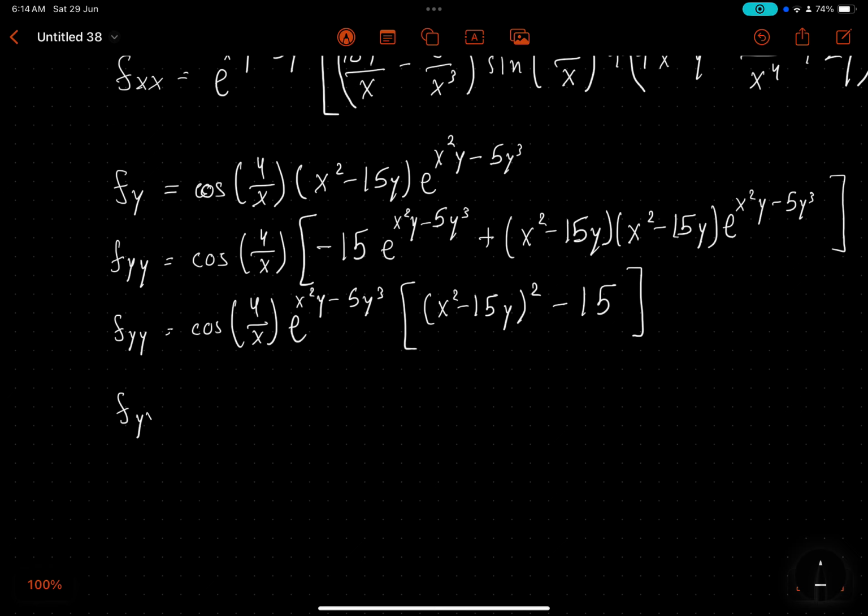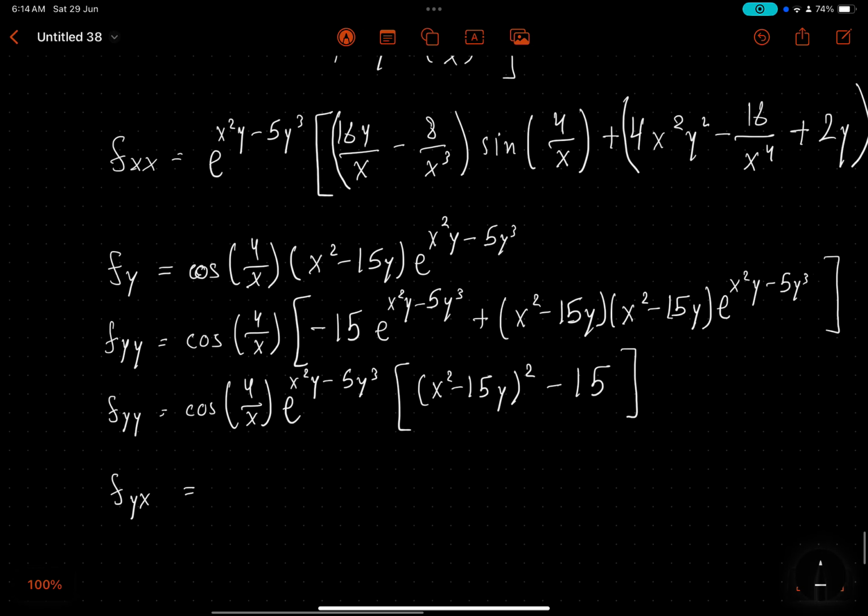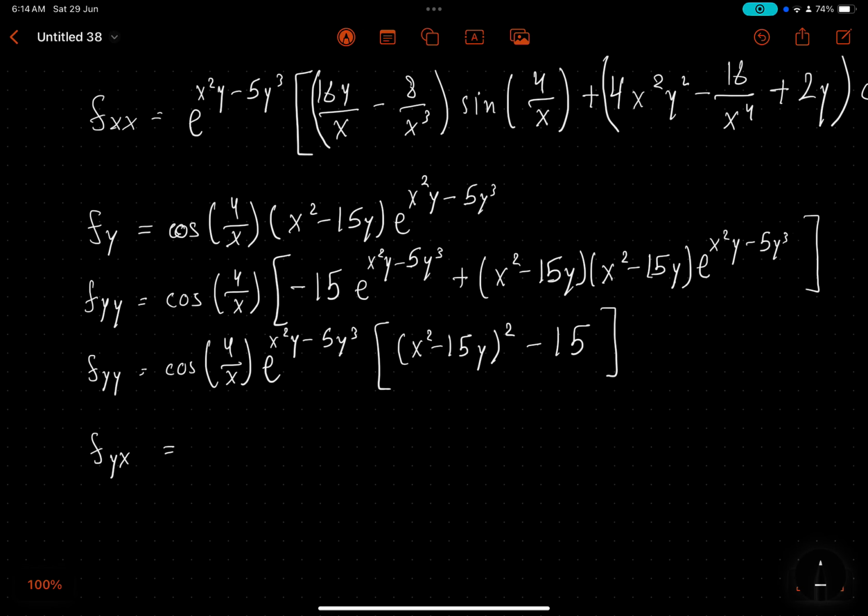Now we find f_y with respect to x, which is basically going to be applying multiple product rules. Okay, so first let's divide the function into two parts.